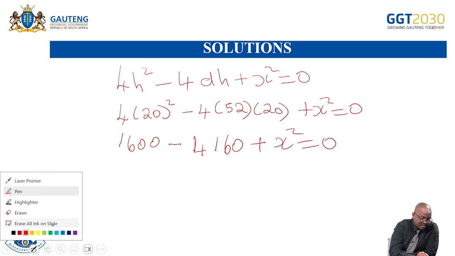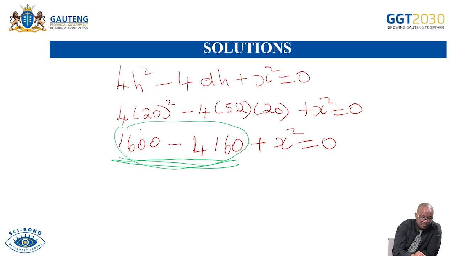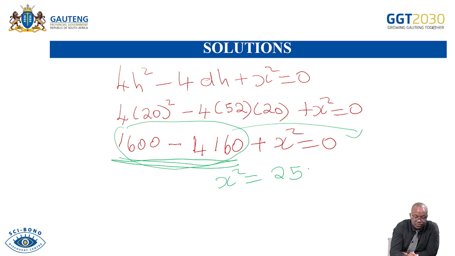What will happen here? We'll add, 1,600 minus 4,160. Then if I now take that to the right-hand side, I will get 2,560. x squared is equal to 2,560.